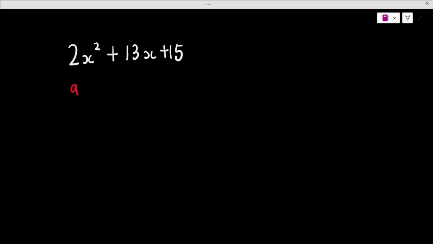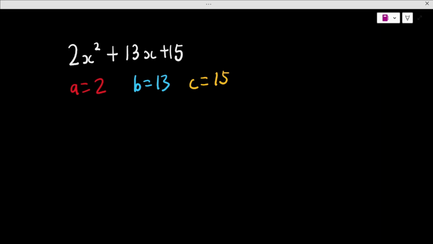Well, a will be the coefficient of x squared, so that's 2. b would be the number in front of x, the coefficient of x, so that's 13. And finally, for c, this is going to be 15. Okay, so with that, let's get to factorizing.